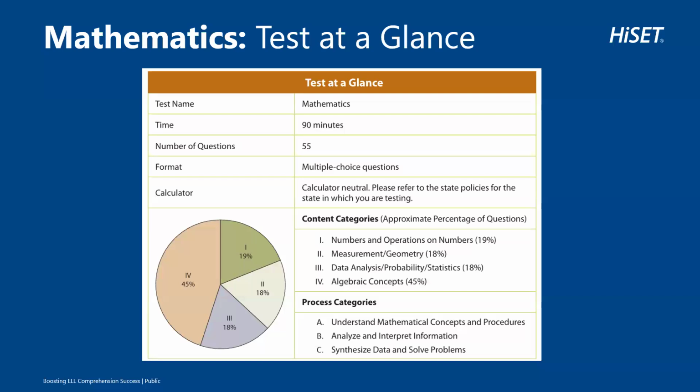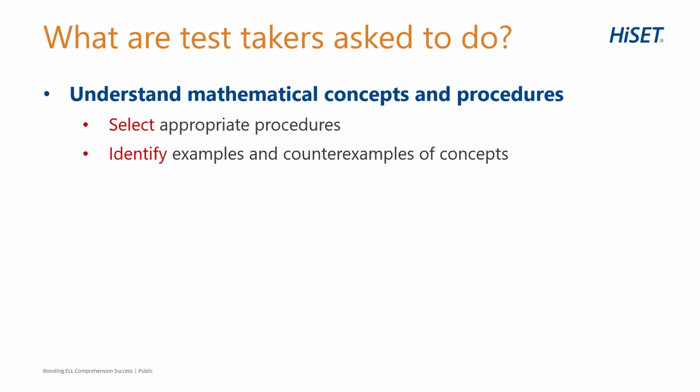All right, so let's talk a little bit about the math test. Okay, so this is the test at a glance. As you can see, for math, there's 4 different content categories that test takers need to be able to demonstrate the ability in. And they have different process categories that are related to the math abilities. Okay, so what exactly are test takers asked to do?